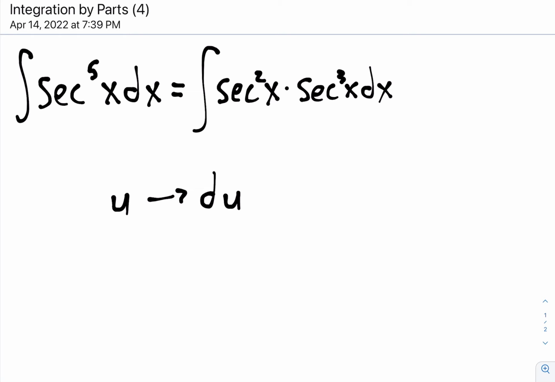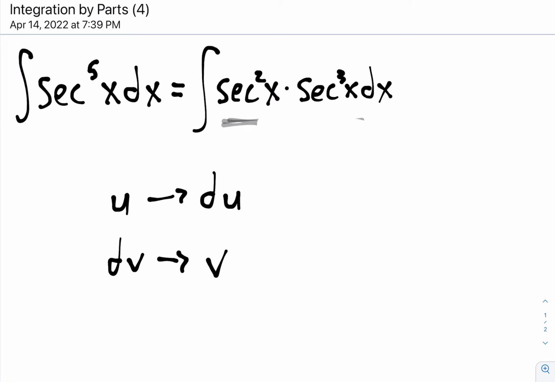So we want to choose between these two which one we can differentiate. And for the other one, we're going to start with dv and integrate that to get our v. We know how to integrate secant squared of x, and we know how to differentiate secant cubed, because it's much easier to differentiate things than to integrate them, generally speaking.